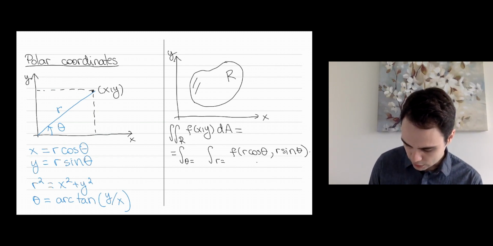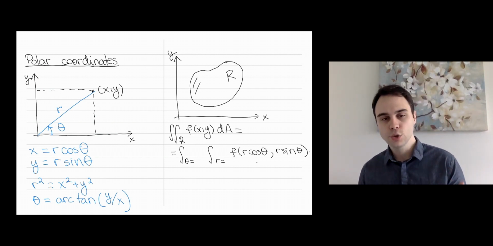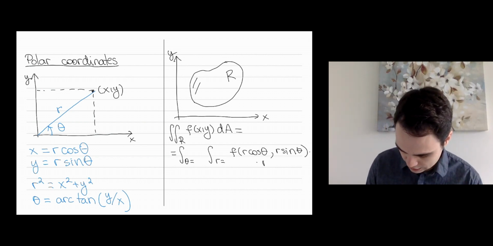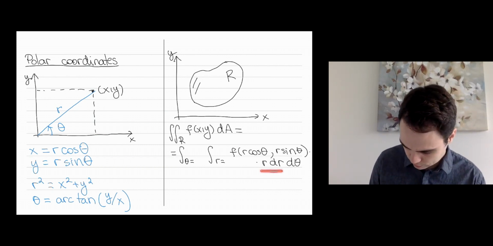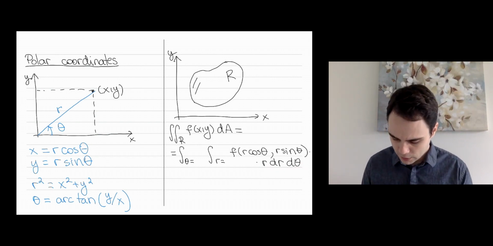And then you multiply that by dA. So dA in Cartesian coordinates is dx dy, but in polar coordinates it is r times dr d theta. And this is the order that you normally want to do it in. So dr d theta tends to be better.